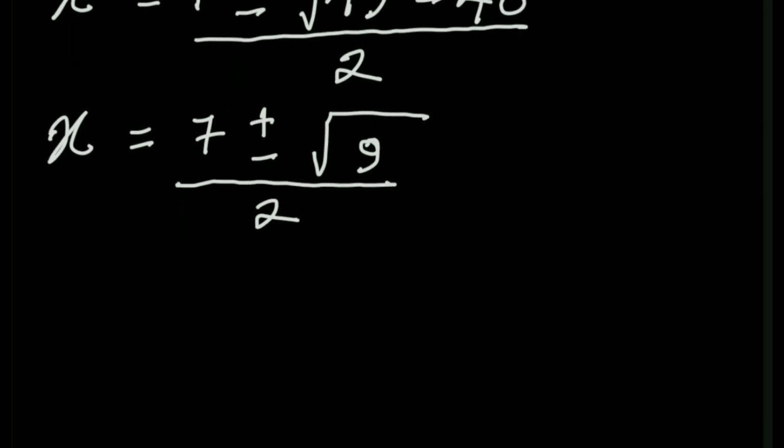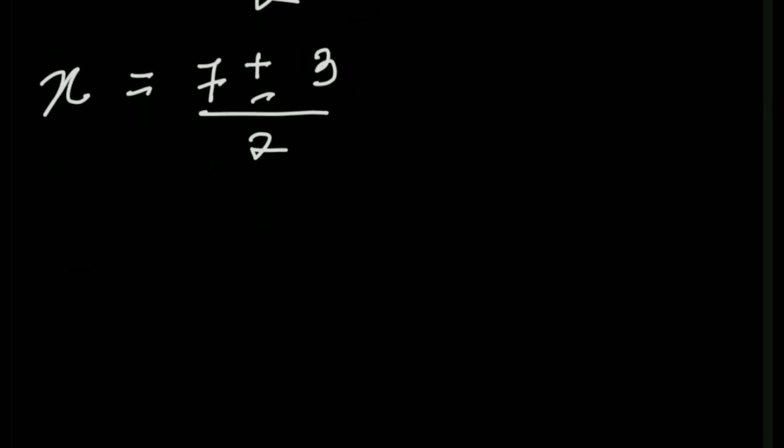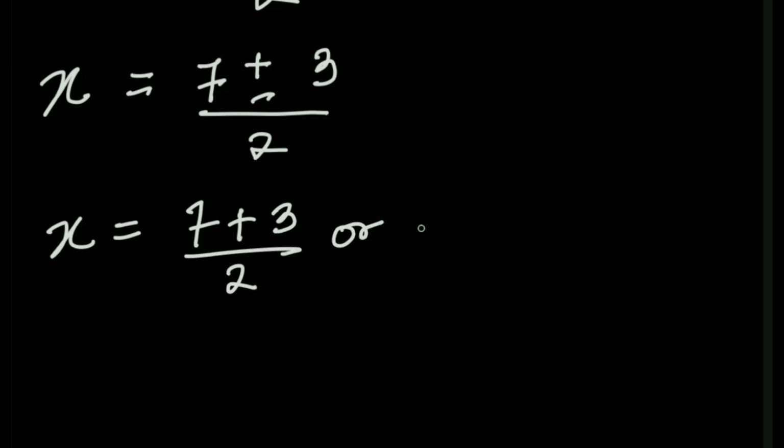So x equals 7 plus or minus, the square root of 9 is 3, divided by 2. And so what this means is we have x equals 7 plus 3 over 2, or 7 minus 3 divided by 2.